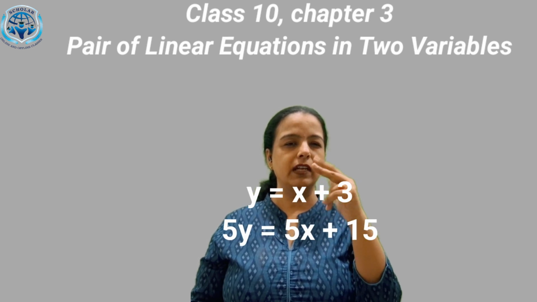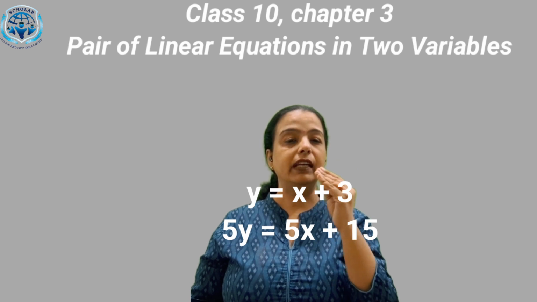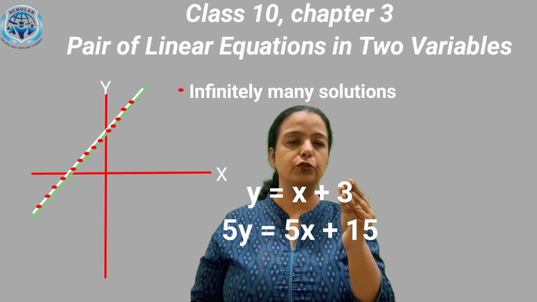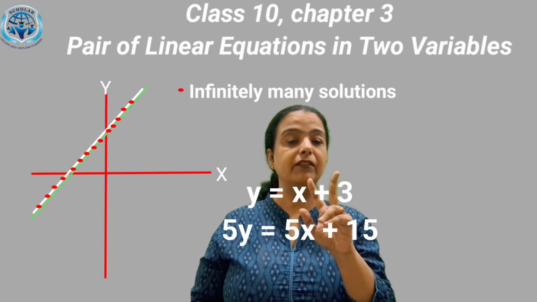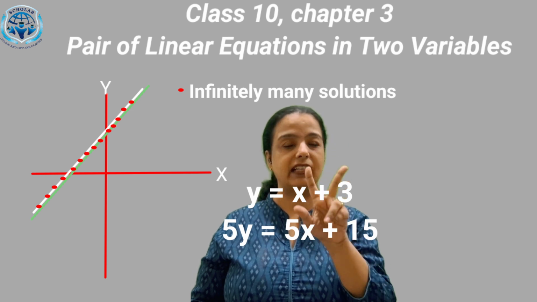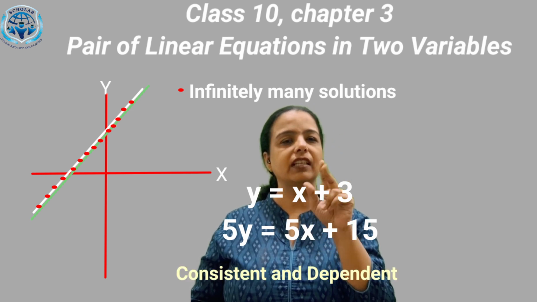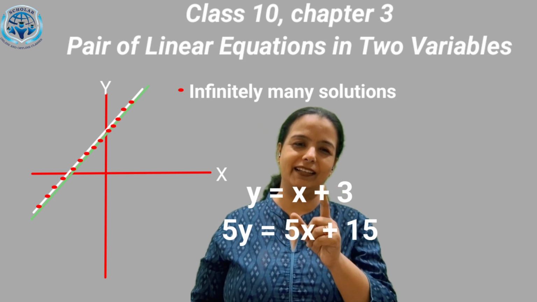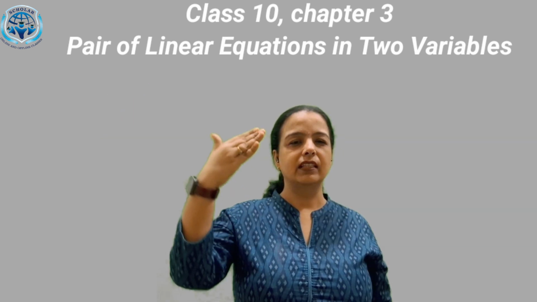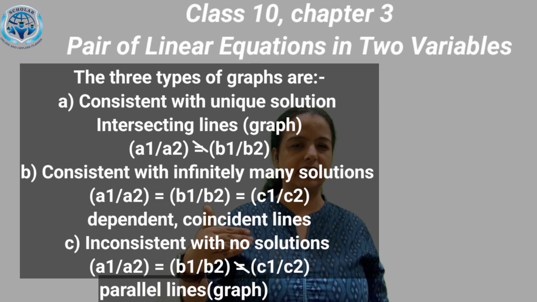When we try to solve these two equations, we will have many solutions, that means many values of x and y that are common to both the equations. So these equations are called consistent and dependent. Understood?